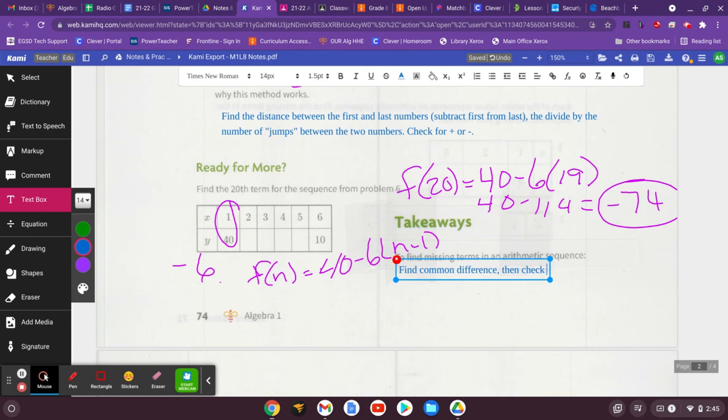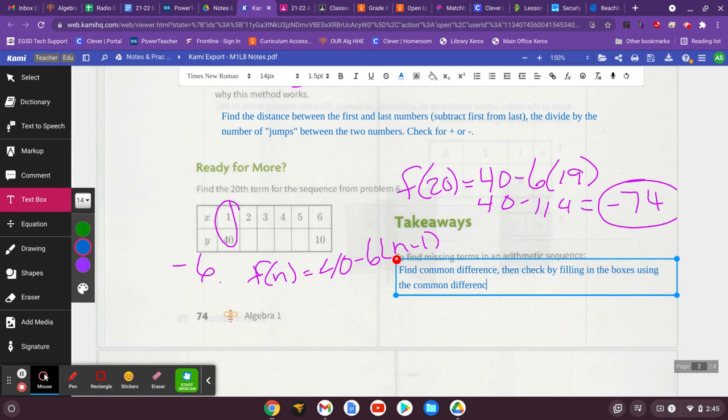Then check by filling in the boxes using the common difference. So one thing they're showing on here is last term minus first term, divide.